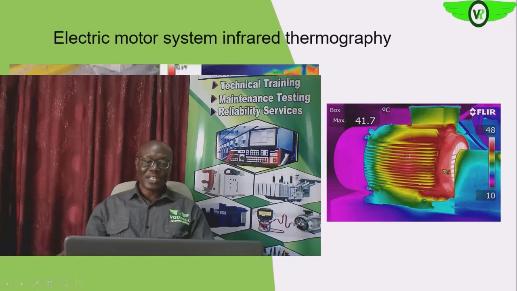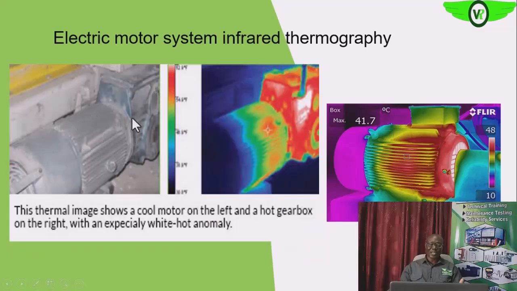On the left, you see what we see with our ordinary eye. This is the visual image, and this is the thermogram of this visual image. What we see on the motor is a normal thermogram because we see the cooling effect of the fan. We see the hottest spot on the electric motor, and then this is the gearbox. We are also seeing what is happening around the gearbox. I know the reason why, because we have meshing gears, a lot of friction.